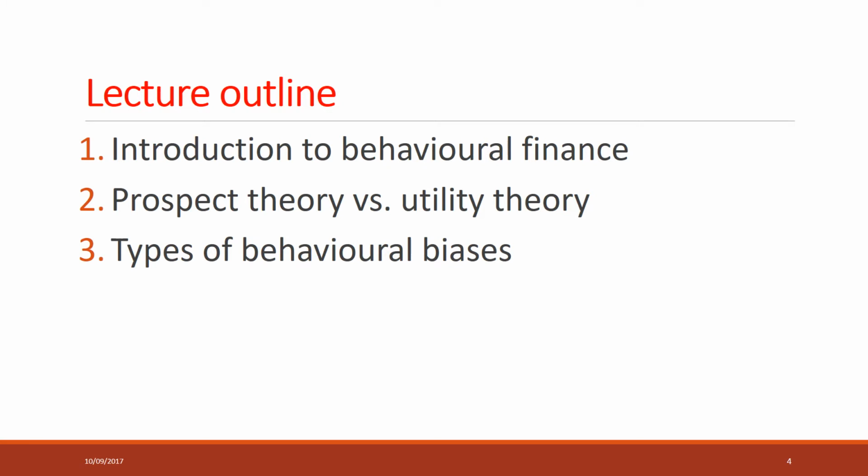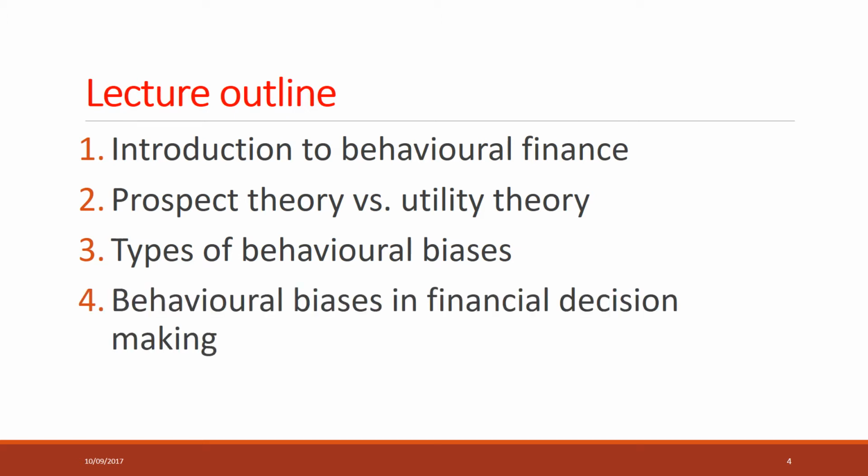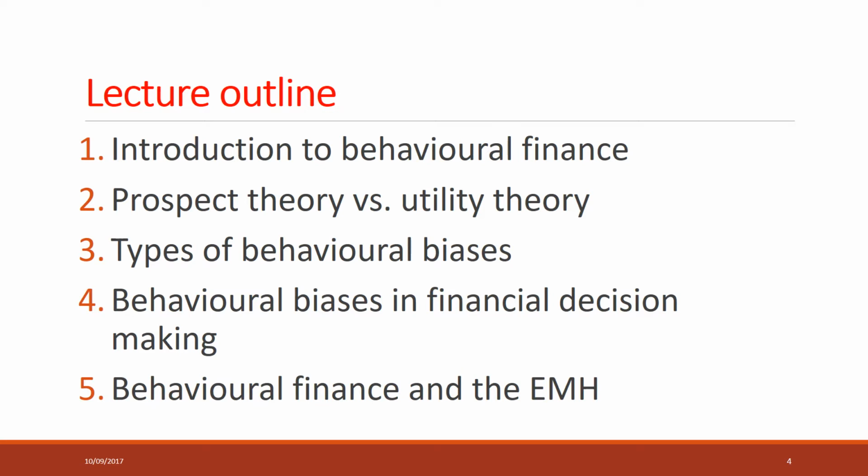We discuss different types of common behavioral biases that could bias the investor's decision-making process. We then look at some examples of how different behavioral biases bias the investor's choices of assets. We then look at the link between behavioral finance and the efficient market hypothesis.